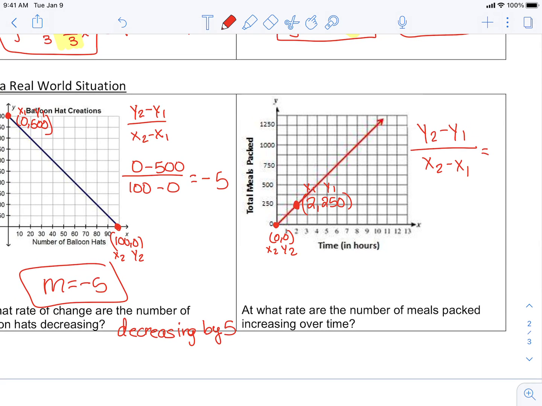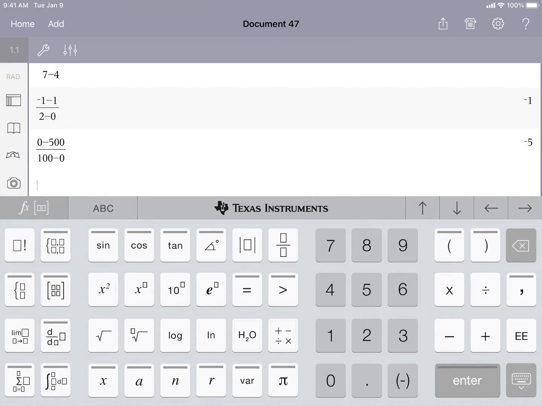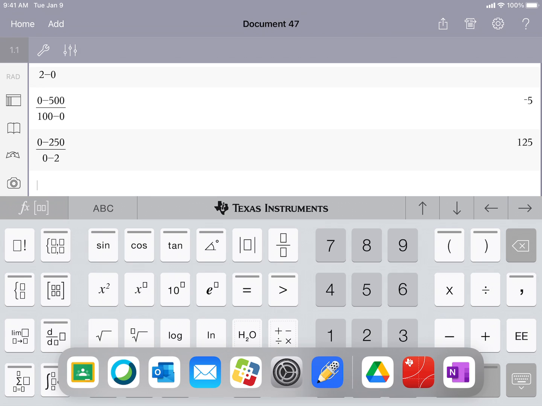Let's see. So y sub 2 is 0 minus 250 over x sub 2 of 0 minus 2. So we're going to type that into our handy dandy calculator. 0 minus 250, and then 0 minus 2. Looks like we get 125.